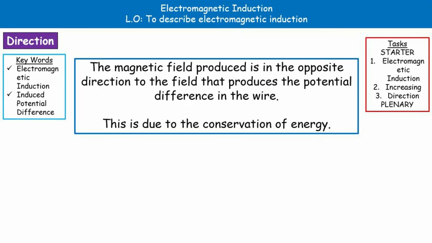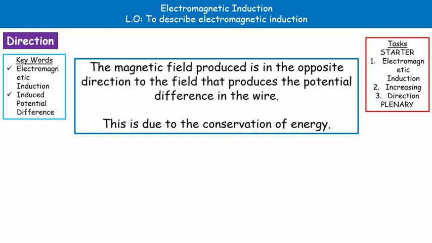If we then consider the direction that this magnetic field that we're producing is acting in, then it's going to be in the opposite direction to the field that produces the potential difference in the wire. So we've got 2 magnetic fields, the one that's going to produce the potential difference in the wire and the one that is produced as a result of the current flowing through the wire.